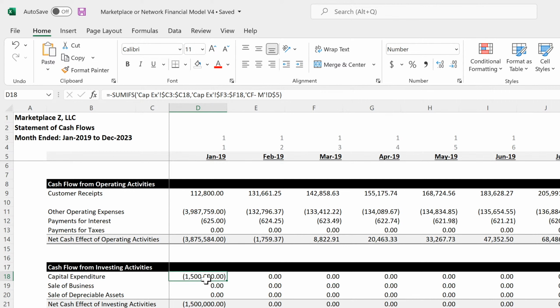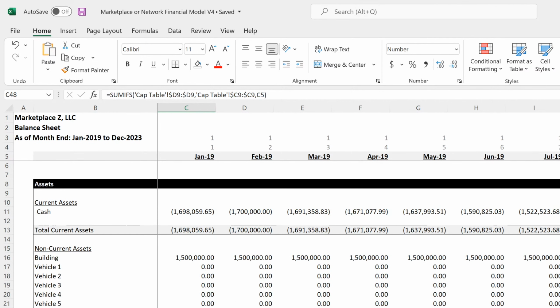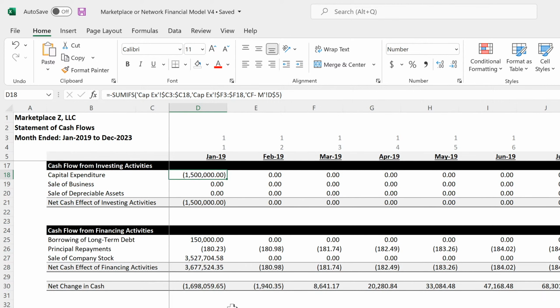And then the 1.5 also comes in. What am I missing here? The cash should never be, this cash should not be negative. Every once in a while you get one of these suckers. Got to think about it.